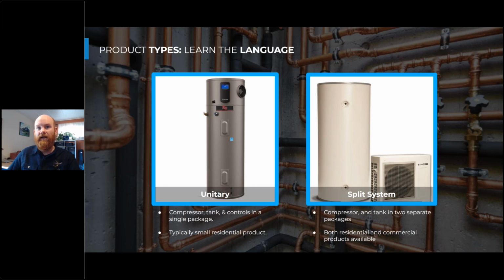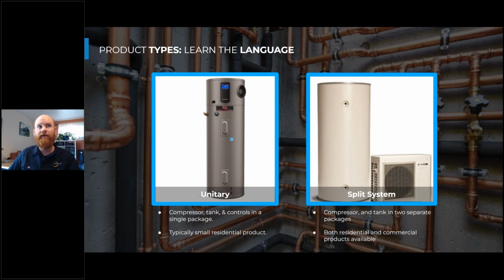Have you seen a Colmac or a Mitsubishi, a Nyle, or a Rheem or A.O. Smith heat pump water heater? They're typically larger split systems for those commercial applications. And we'll show some of those today and cover a few points about them.